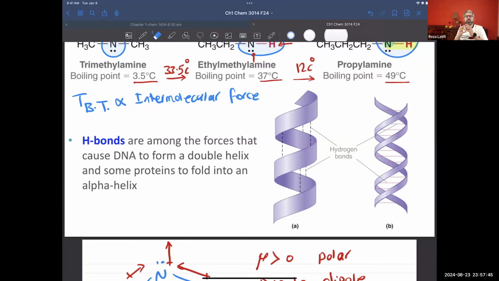And because you lose that structure, the compound maybe will not be soluble anymore, and that's the reason it cannot get back inside the milk.